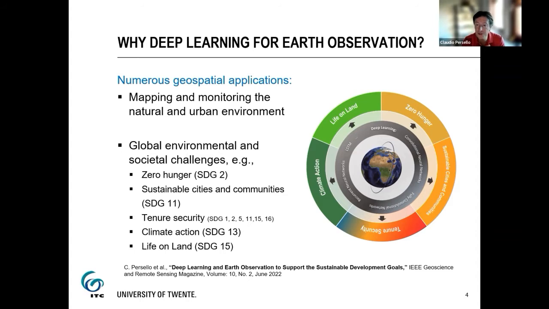So I think here there is great potential to try to address very challenging societal problems related to food security, related to tenure security. And among the others, of course, I would like to mention here climate action, SDG 13. And in that sense, technology and advances in Earth observation can contribute in developing strategies to mitigate and adapt to climate changes.